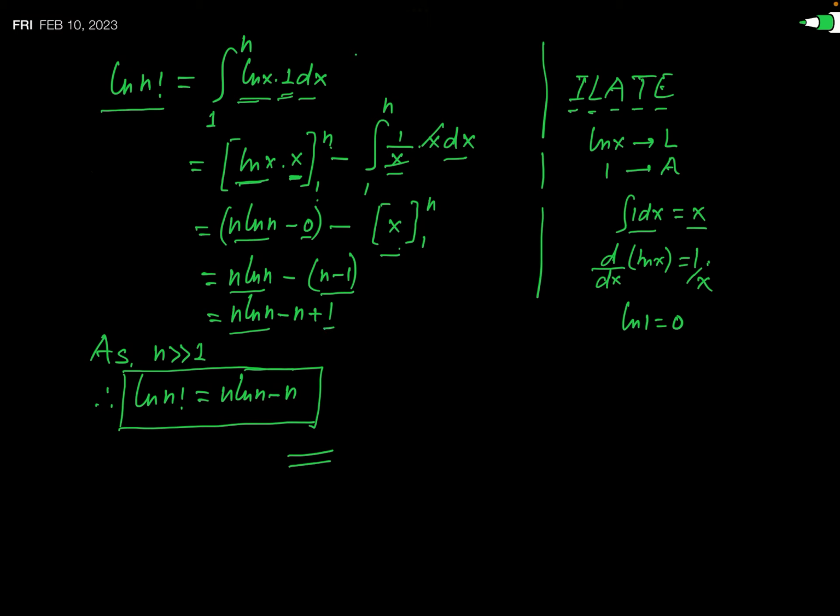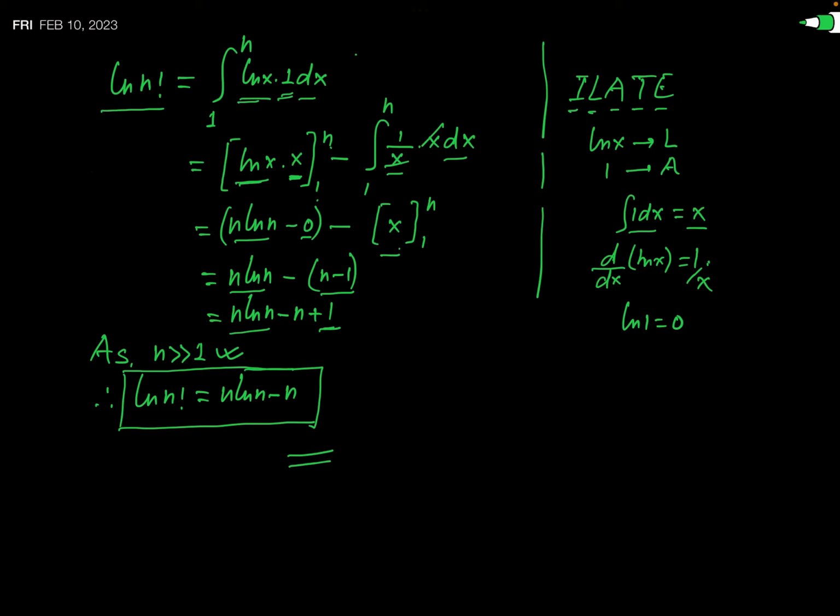But our assumption is that n is a very large number. When you say n is a very large number, it means n is much greater than 1. So if n is much greater than 1, we can neglect this 1 in comparison to this n. So 1 has been neglected here. And after neglecting 1, what will be our result?